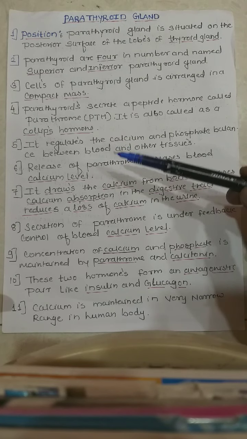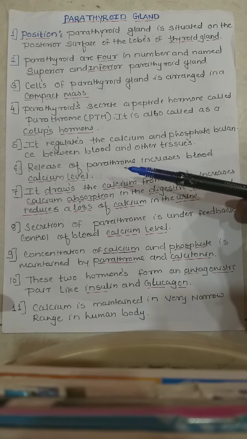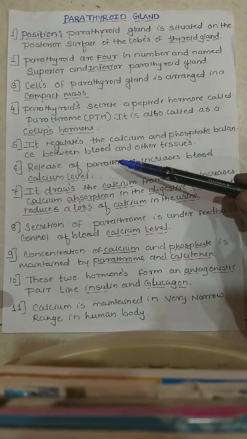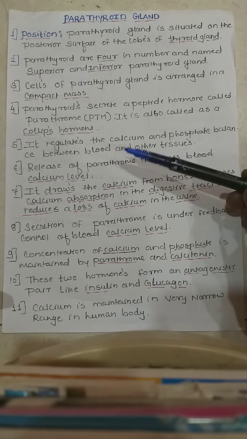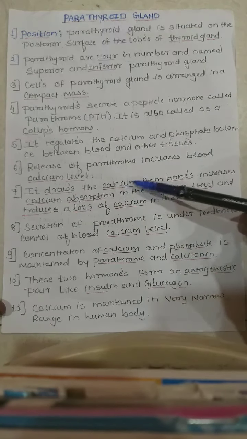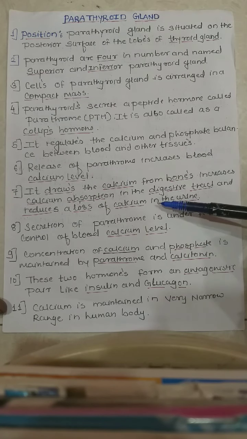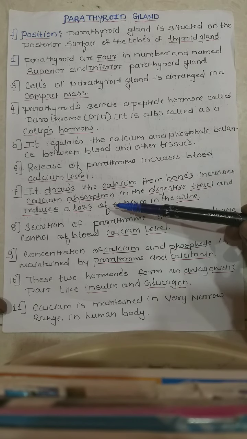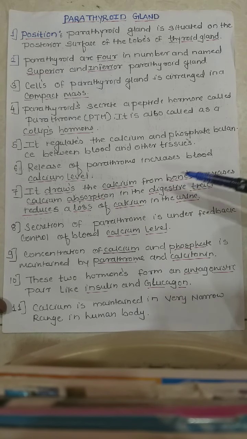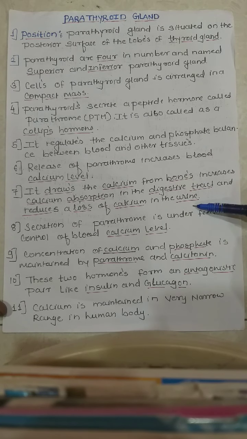This calcitonin is antagonistic to parathormone. Parathormone increases the blood calcium level, and thyrocalcitonin decreases it and stores calcium in the bones. Parathormone draws calcium from the bones, increases calcium absorption in the digestive tract, and reduces the loss of calcium in the urine.